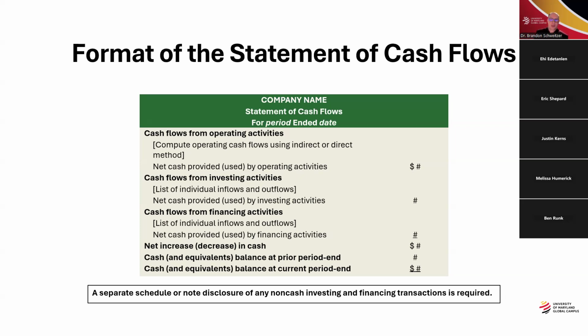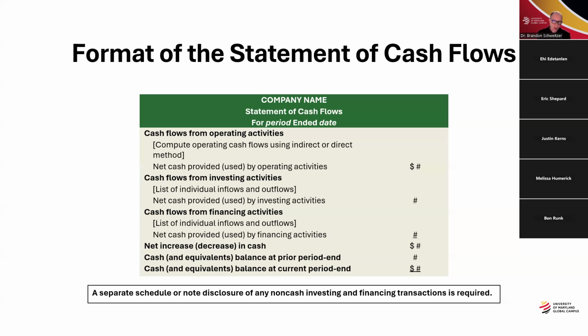And we follow that same principle for investing and financing activities. Cash coming into the business from the sale of property, plant, and equipment, and cash going out of the business for property, plant, and equipment. Cash coming in minus the cash going out equals the net cash flow provided by investing activities.